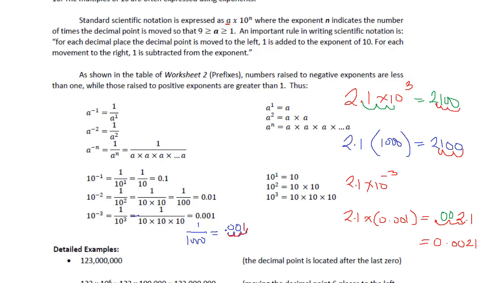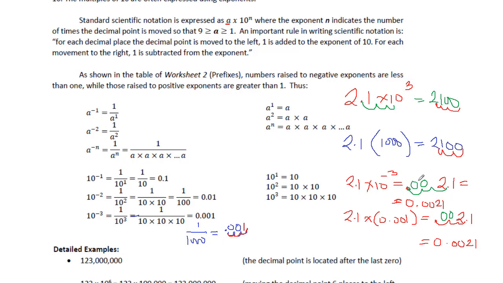Or when we directly look at the scientific notation, when the exponent is negative 3, we simply move the decimal 3 steps to the left, putting zeros in there. So 2.1 times 10 to the negative 3 is just 0.0021. Of course, it's more formal to write this with a zero at the beginning of a decimal.